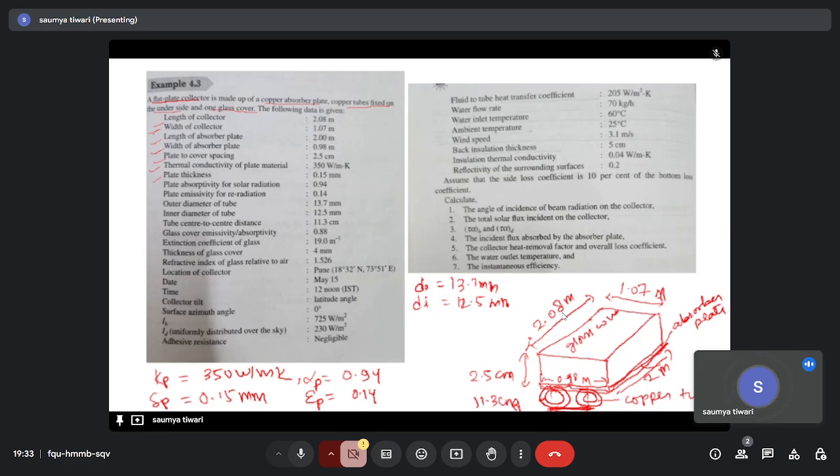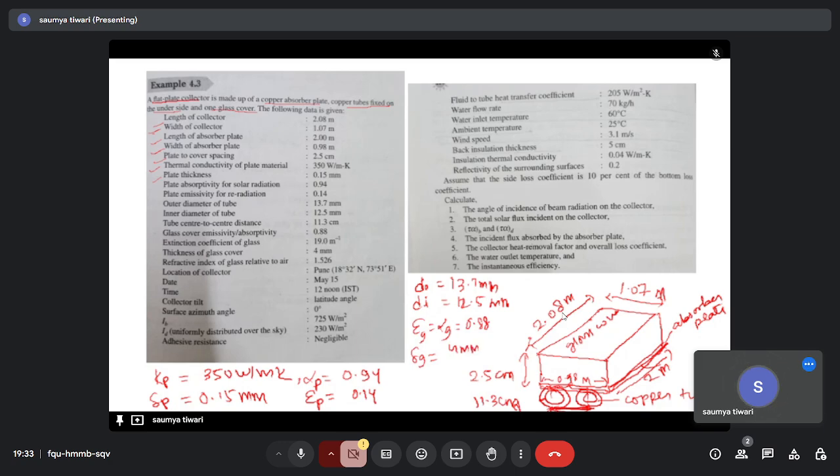Other than that, glass cover emissivity and absorptivity is given, which is equal to 0.88. Extinction coefficient of glass is given. Thickness of the glass cover is given, which is 4 mm.